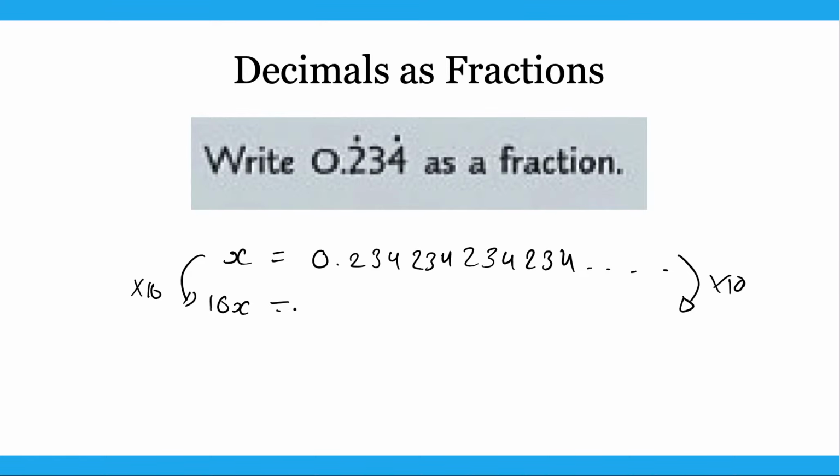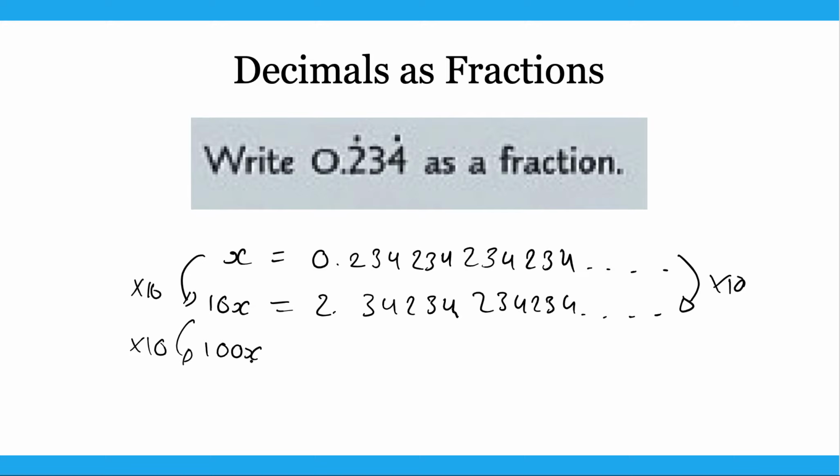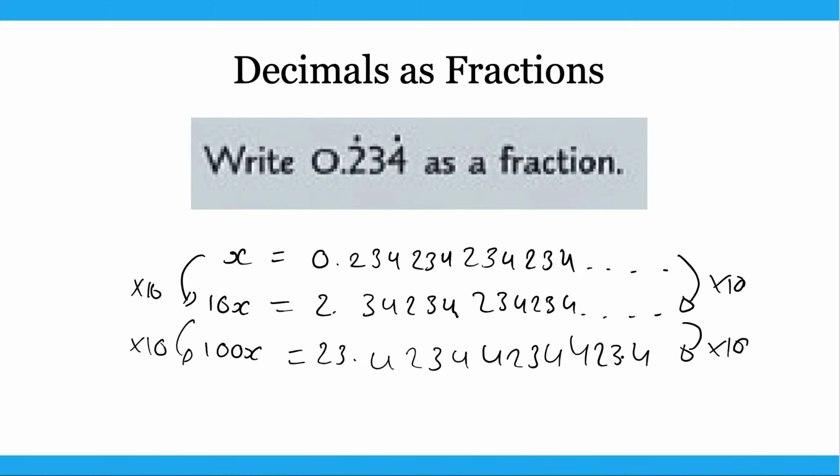So this would be 2.34234234. Let's multiply this by 10 again. Gives us 100x. So it would be 23.4234234.